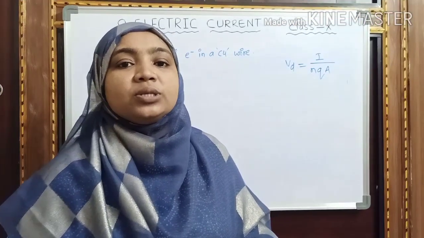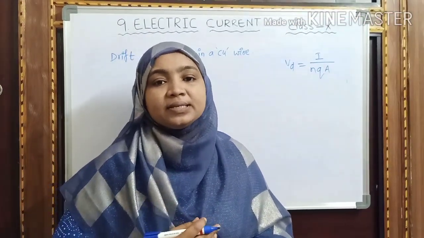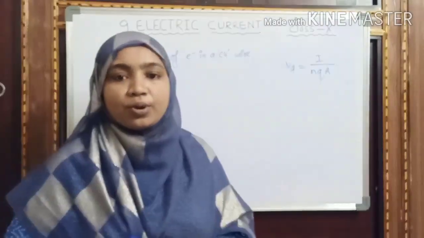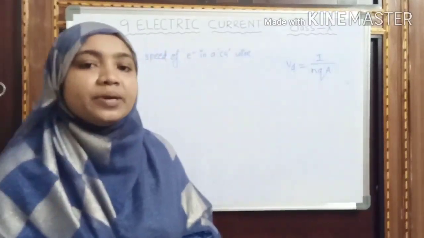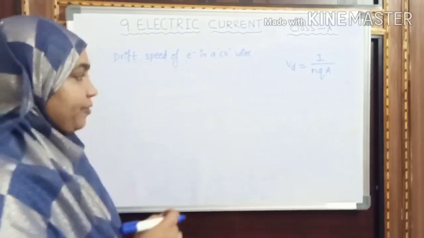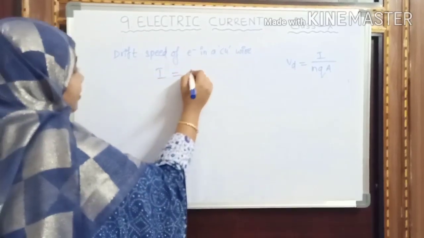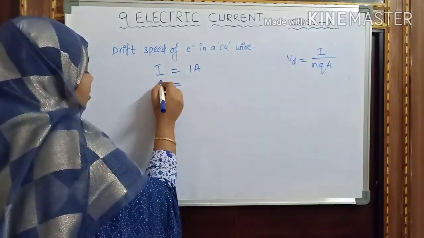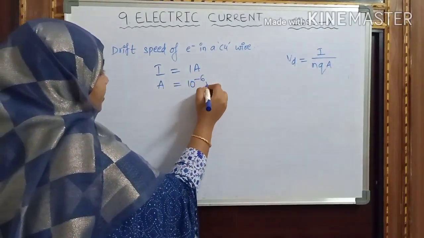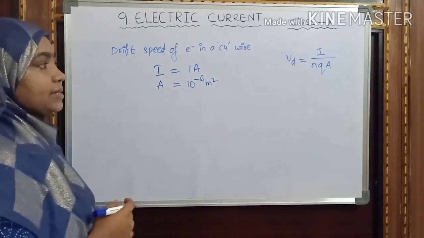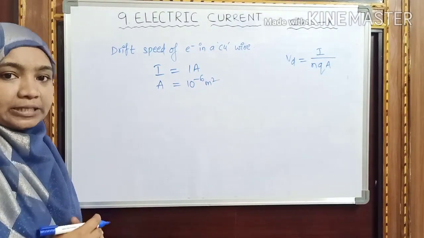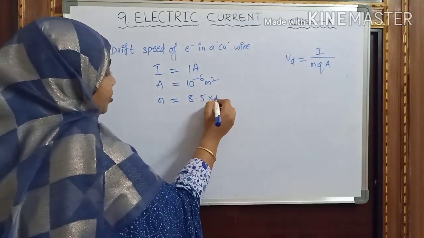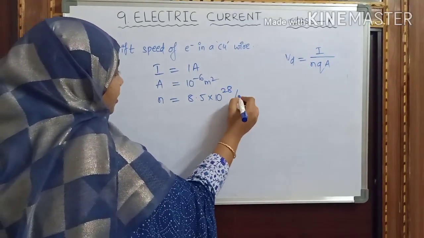Generally, in our household system, we use copper wires as connecting wires. So let us find out the speed of an electron in a copper wire. Consider 1 ampere of current is passing through a copper wire, and the cross section area is taken as 10 to the power of minus 6 meter square, and the density of copper which was found experimentally is 8.5 into 10 to the power of 28 per meter cube.